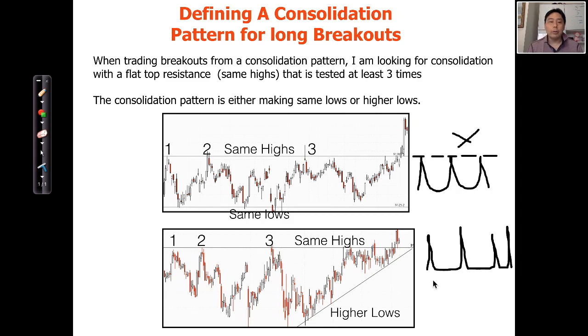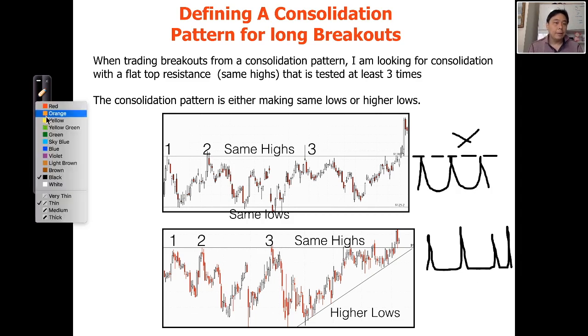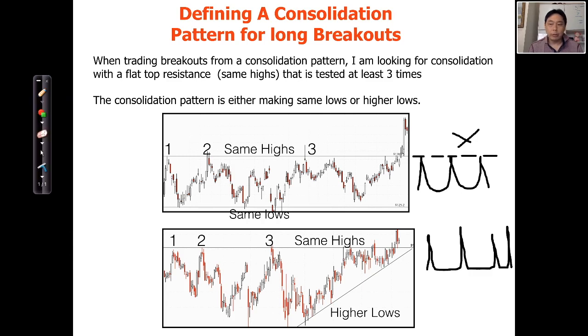So where would you draw the resistance? That's a very common question I get asked. Would you draw the resistance at line A, or would you draw it at line B? My personal preference is to draw it at line B, not line A. Why?